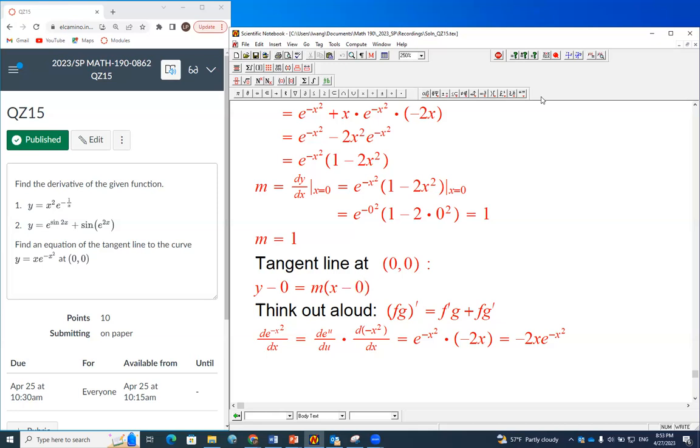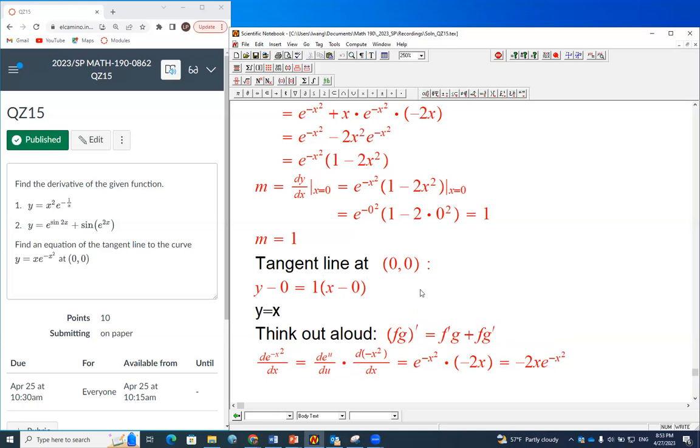Because the point, the x, y is the same thing. So 1 and m equals 1. So in the end, we get y equals x. That's it.